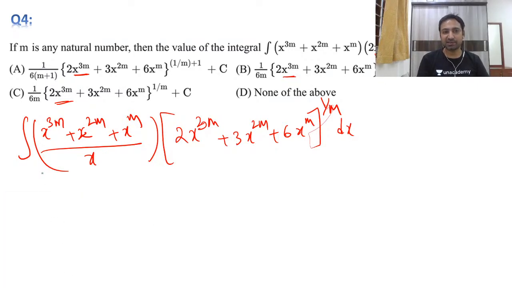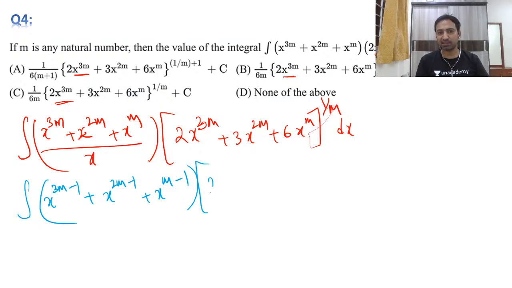Now I can modify this: x power 3m by x is x power 3m minus 1, plus x power 2m minus 1, plus x power m minus 1, into the remaining part, which is the same, 2 into x power 3m plus 3 into x power 2m plus 6 into x power m, whole power 1 by m into dx.